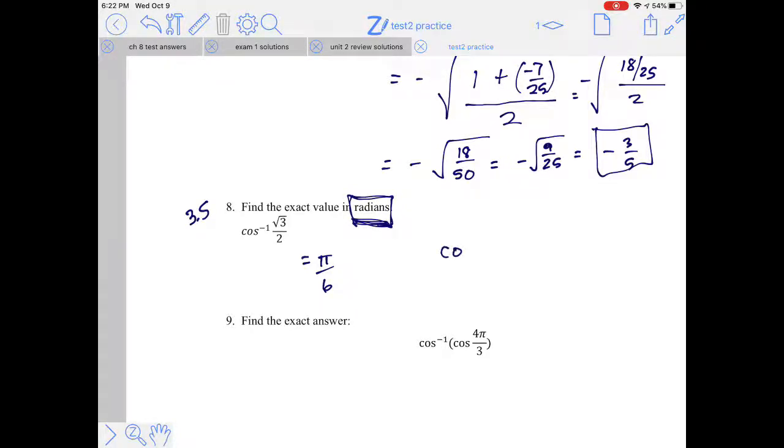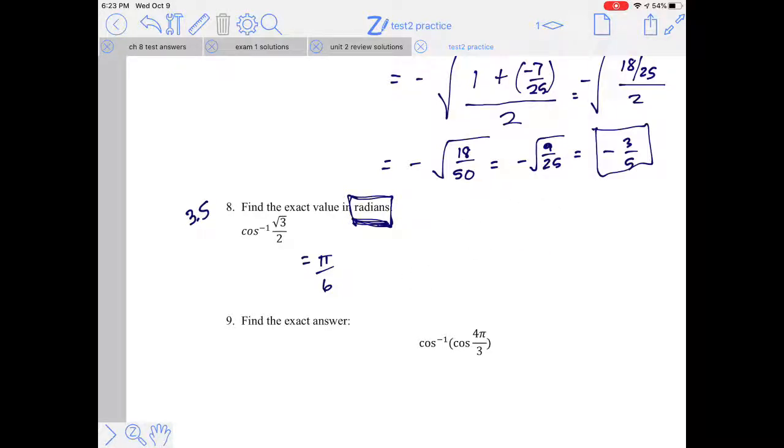What if it was, let me just write this one down, inverse cosine of 7/2. What would we say to that one? It's undefined. No solution. Undefined is what we would technically say. Why is it undefined? Cosine inverse is defined between -1 and 1, right? So that one would be undefined.